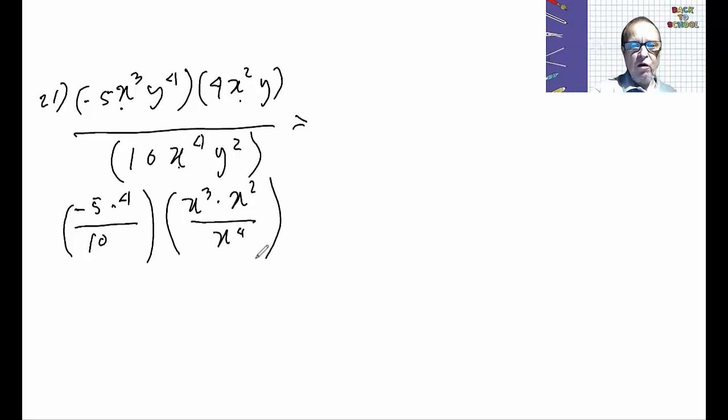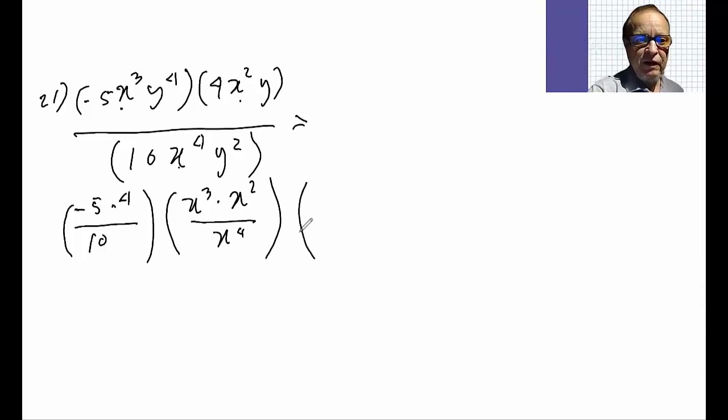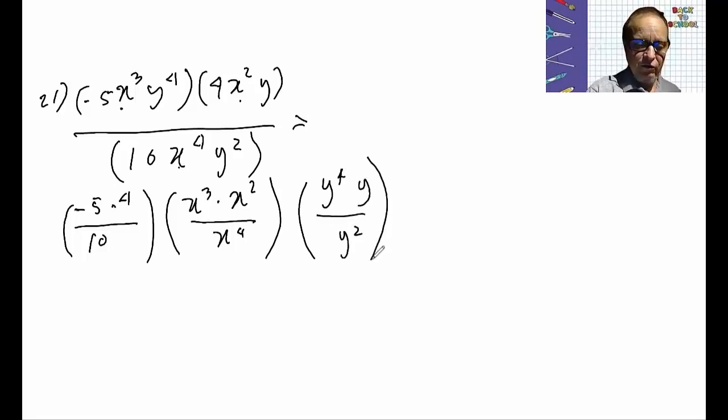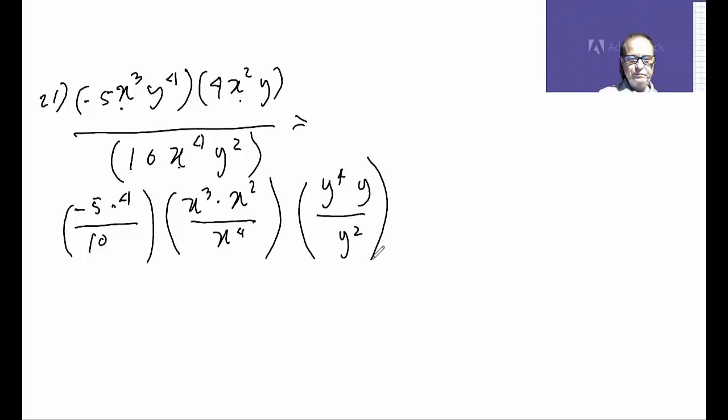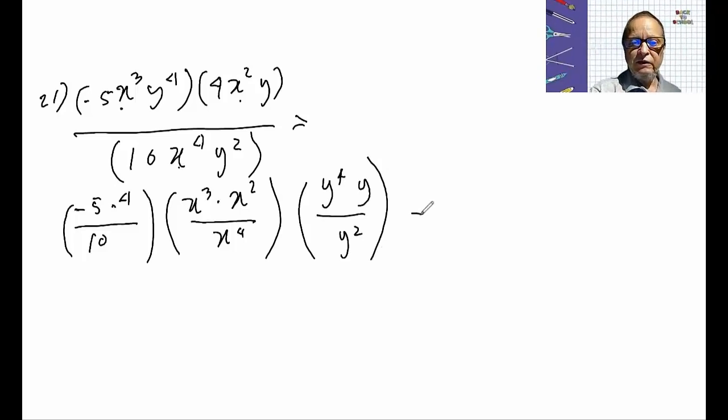Then I'll do my y's. I have a y to the 4th here. I have a y here, and I have a y squared here. And here I'll do my multiplication on top. So negative 5 times positive 4 is negative 20 divided by 10.